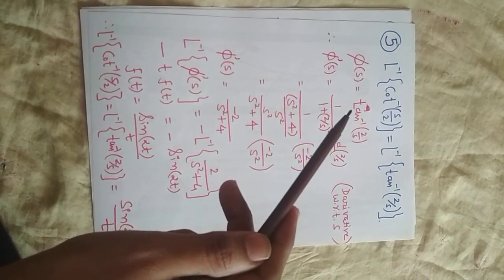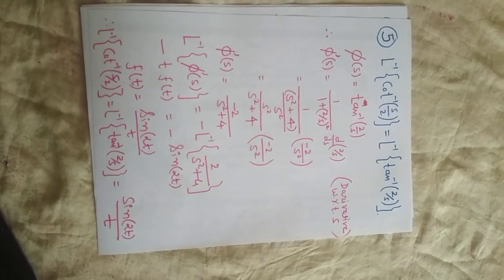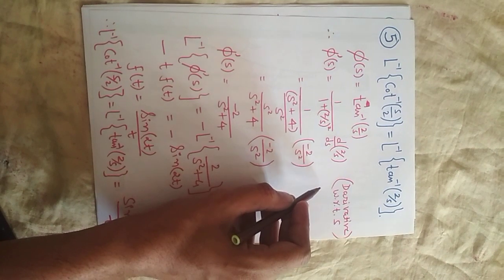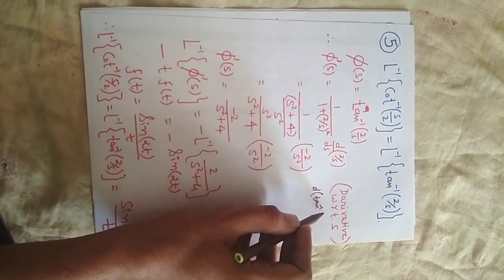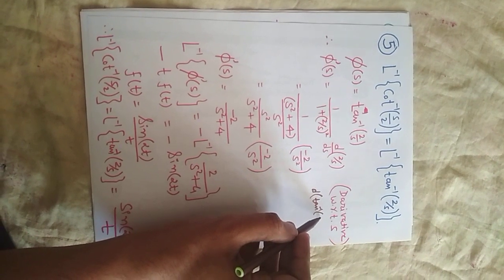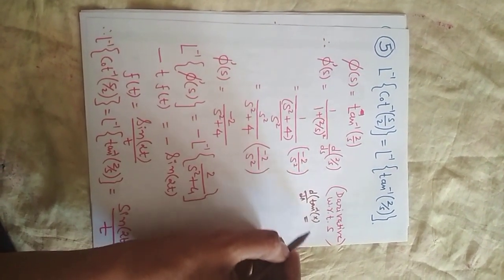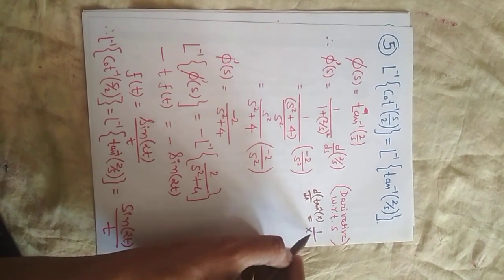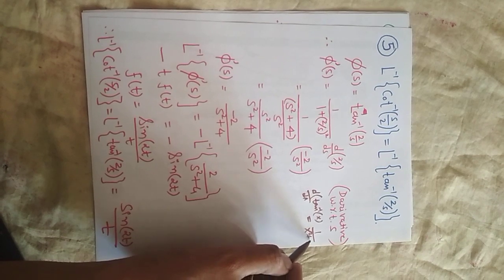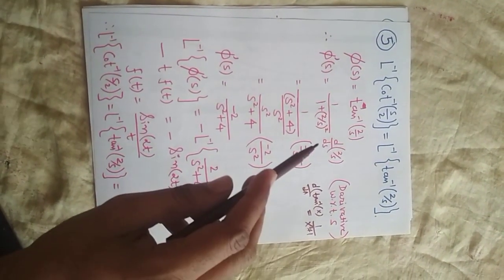What is the derivative of tan inverse s? The derivative of tan inverse x dx equals 1 upon x square plus 1. I am applying this formula here.